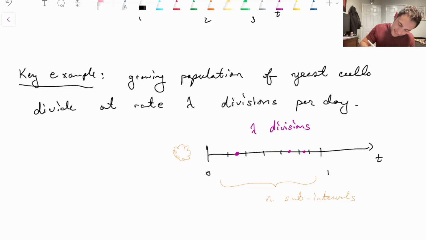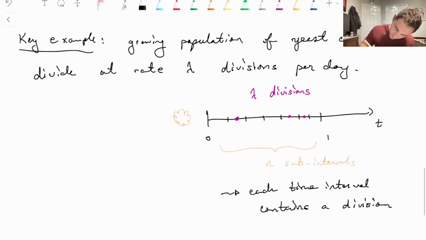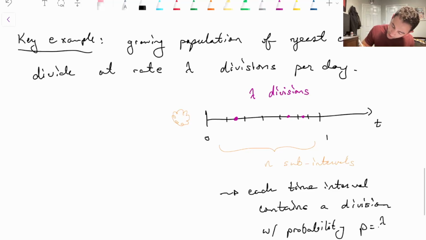So there's lambda of those divisions. So on average, I'm seeing that each time interval contains a division with probability p equals lambda over n.